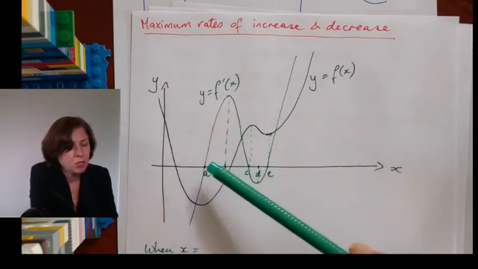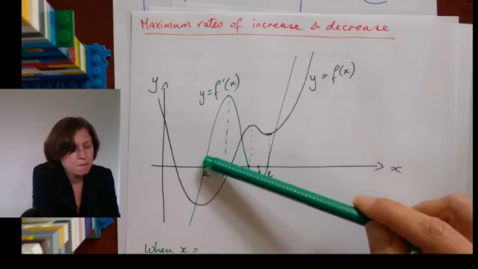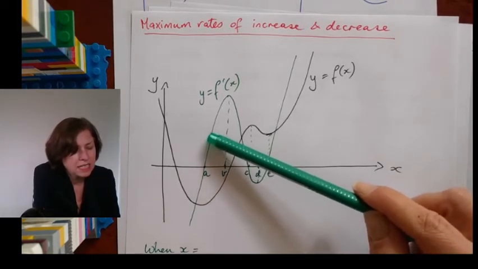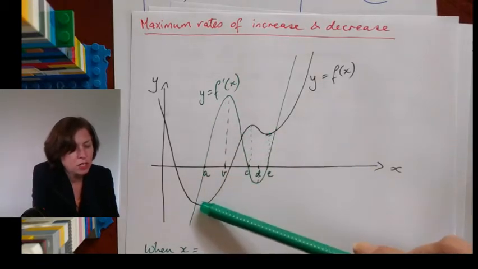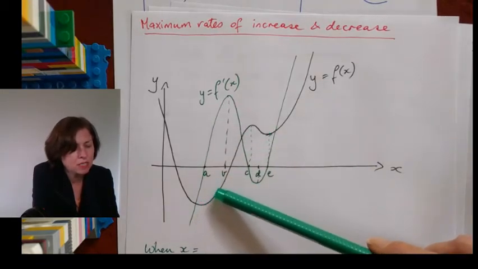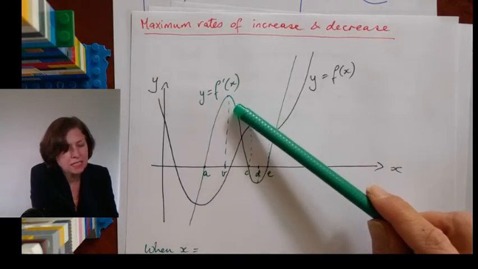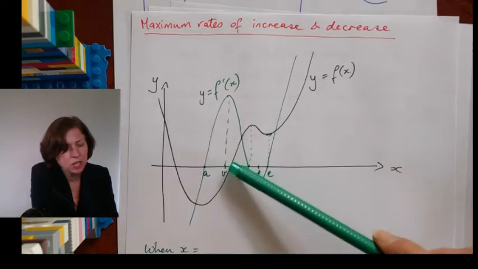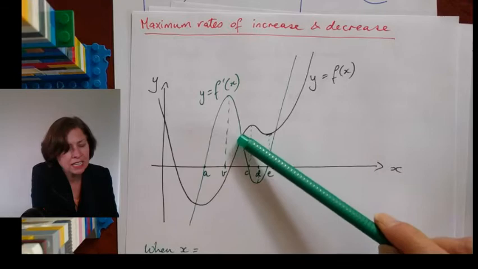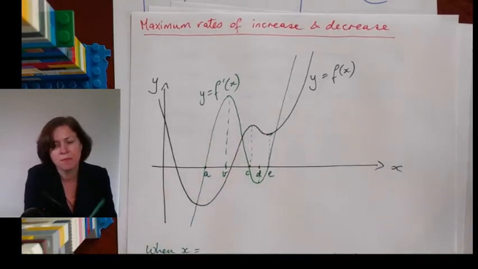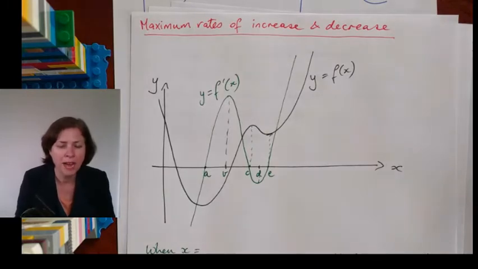So let's look again in between A and C. To the left of B, my gradient is increasing, which I can see in the original graph by the fact it gets steeper and steeper and steeper. To the right of B, my gradient is decreasing, which I can see in this graph that the original graph is getting less steep and less steep and less steep. So at B, f dash of x has a local maximum.